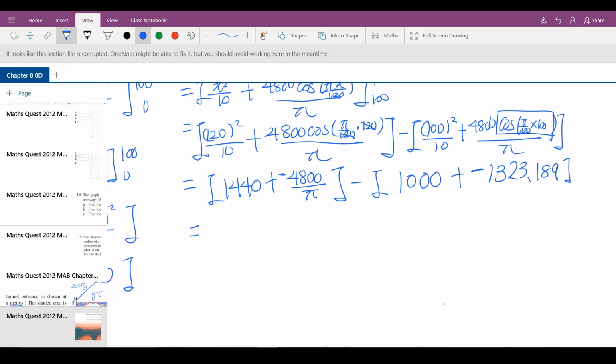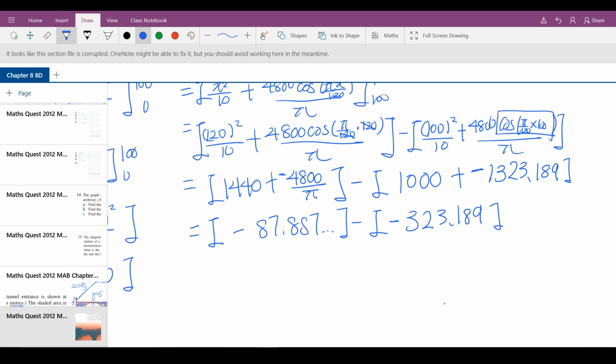And that's equal to, so let's calculate that first. So 1,440 plus, minus 4,800 divided by pi. That gets me negative 87.887 something, keep going, minus 1,000 plus that would be, plus negative would be negative 323.189.